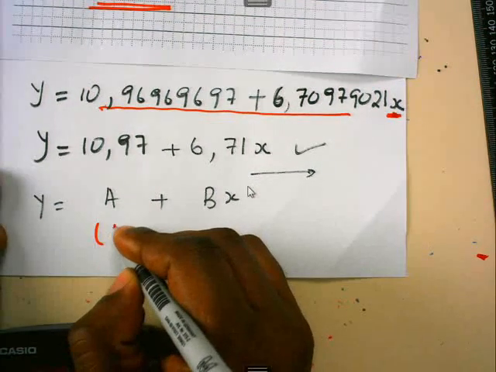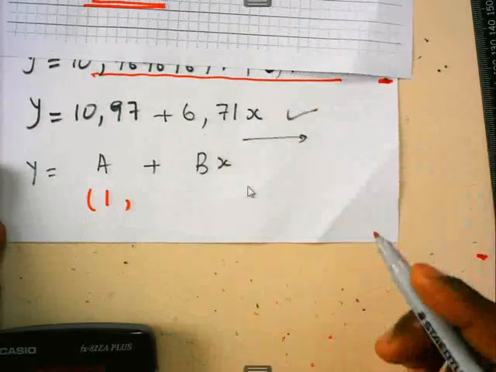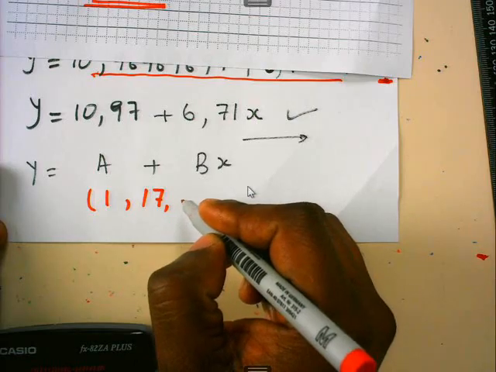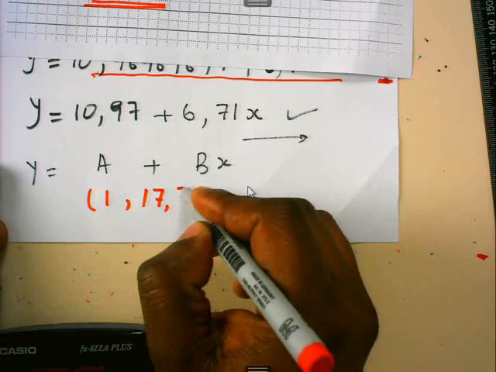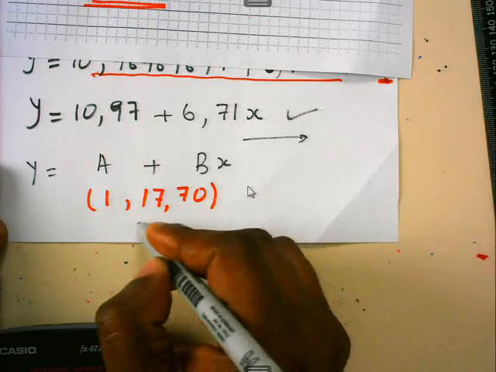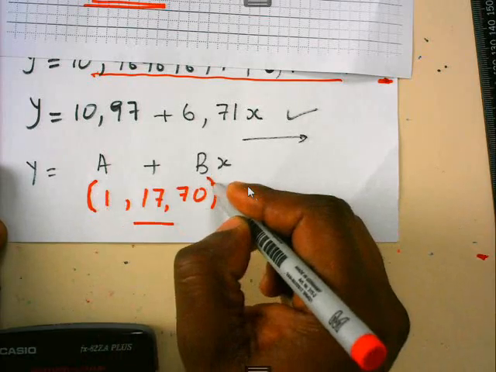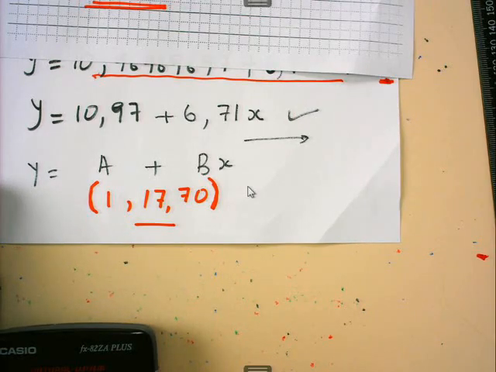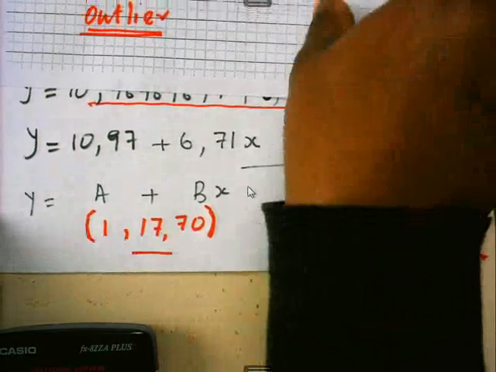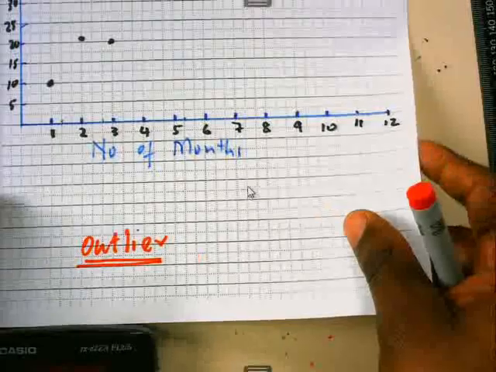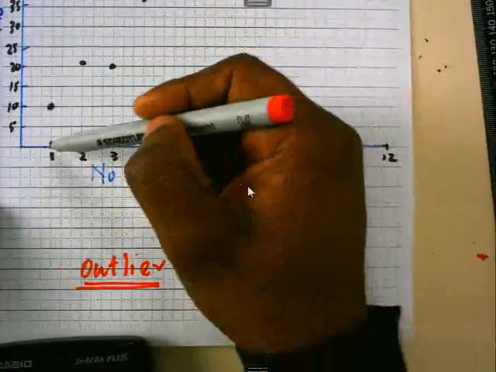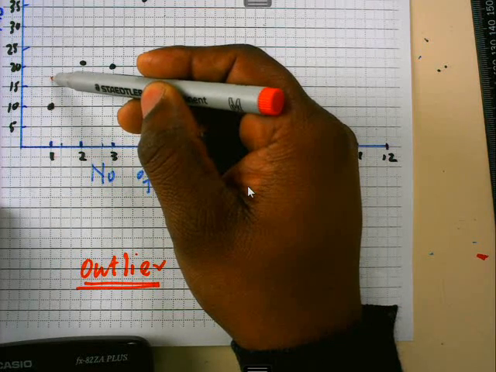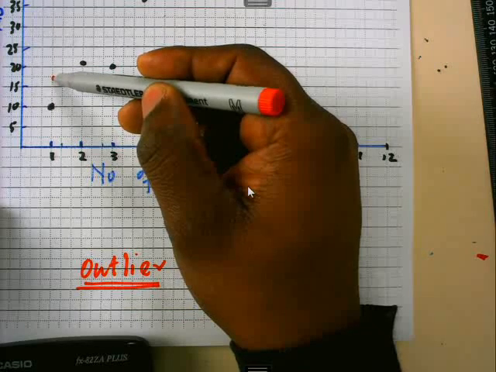If x is 1, the calculator says y will be 17.70. So on our scatter plot, if x is 1, y is 17. Here is 17, somewhere here. You see that point?